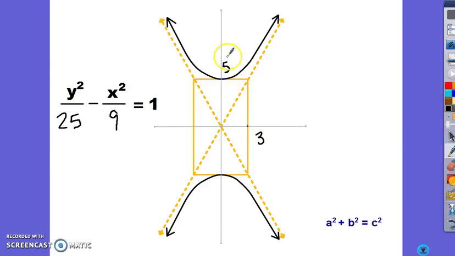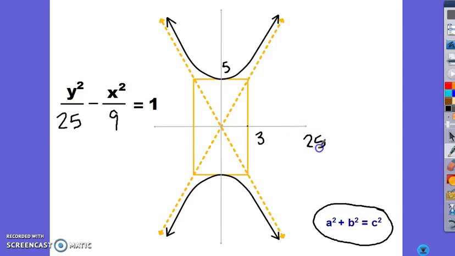Hyperbolas, too, just like parabolas, are going to have foci in the dishes. They don't work the same way. It's not going to work well for our golf course because there's different properties on this one. But it still does have foci, not with so much bouncy properties. But the foci are going to be found using the actual Pythagorean theorem. And so we would do the vertex numbers squared.